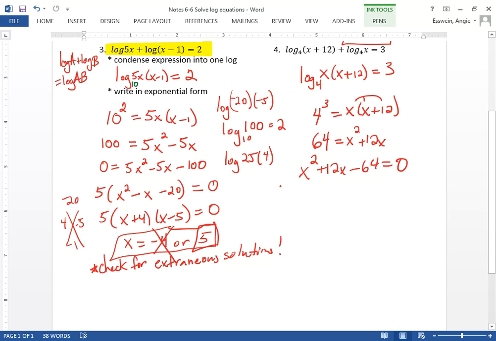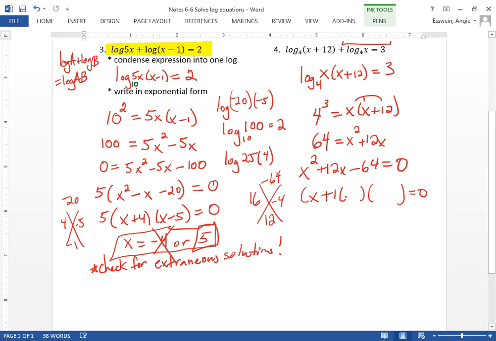What multiplies to negative 64 and adds to 12? And if we're not sure, we can just list. Okay, 64 is, what do you think it is? 16 and negative 4. Thank you.